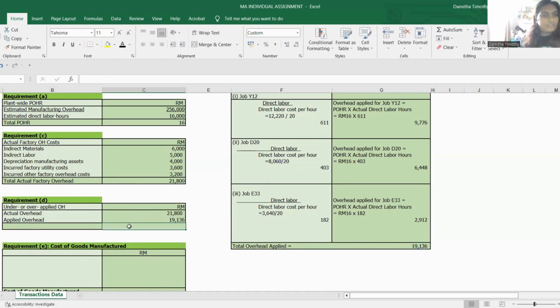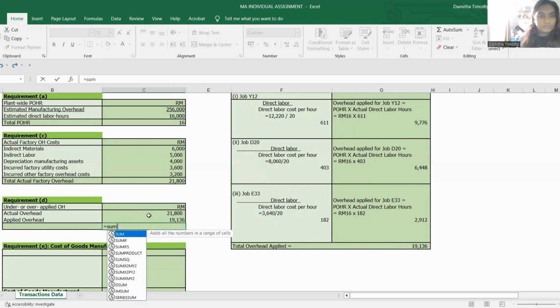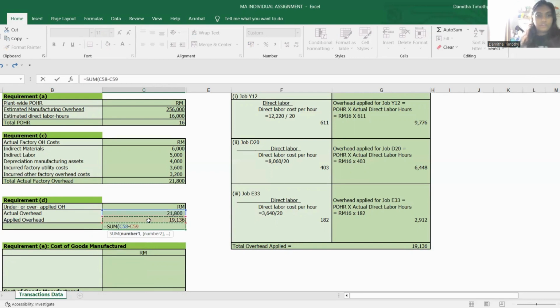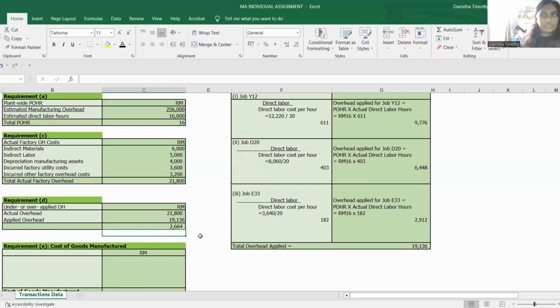So to find the under applied overhead, we have to find the difference between both the values, which is 2,660. So it will be considered as under applied overhead because the actual overhead is larger than the applied overhead.